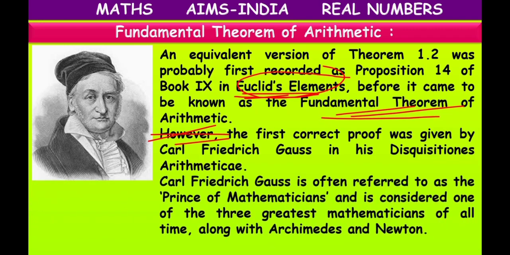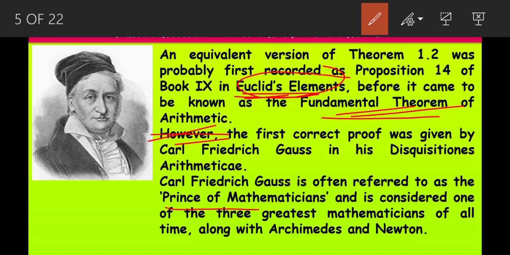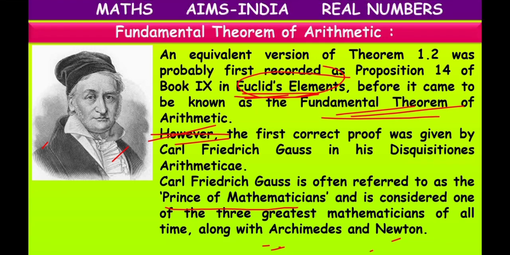He is often referred to as the Prince of Mathematics, and is considered one of the three greatest mathematicians of all time, along with Archimedes and Newton. So this person is Carl Friedrich Gauss, who gave the correct proof of the fundamental theorem of arithmetic.